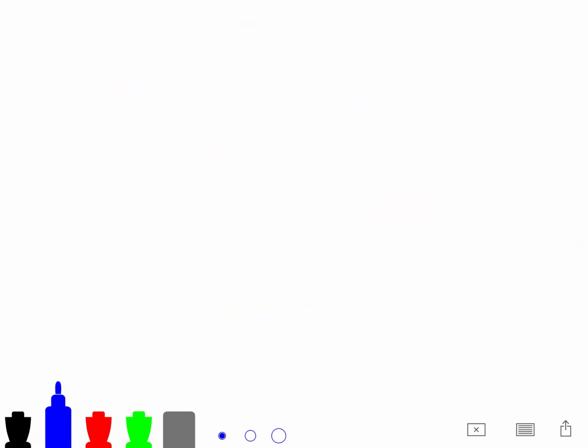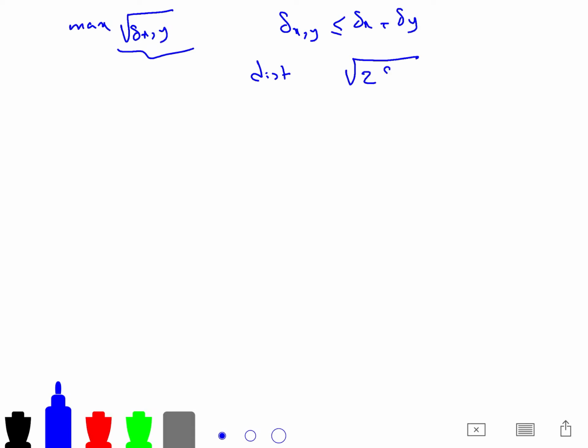So the distortion of this map is at most the maximum of delta x and y, where the maximum is over all pairs of vertices. And because delta x and y is less than delta x plus delta y, your distortion does not exceed 2 delta of this partition.